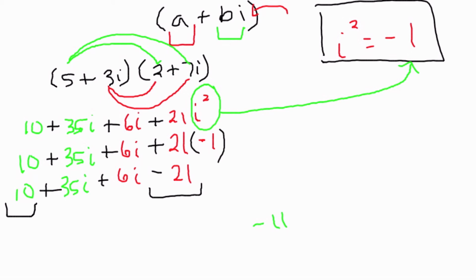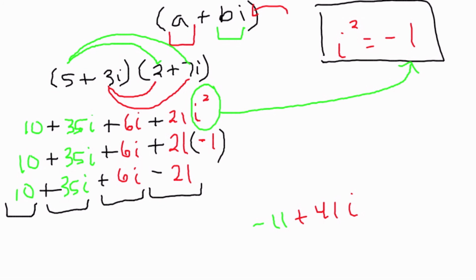Now we have the imaginary numbers, which are this positive 35i and this positive 6i. You just go ahead and add them up. 35 plus 6 gives us a positive 41, and we carry over the i because we were adding imaginary numbers, so you have to carry over the i to represent that imaginary number.